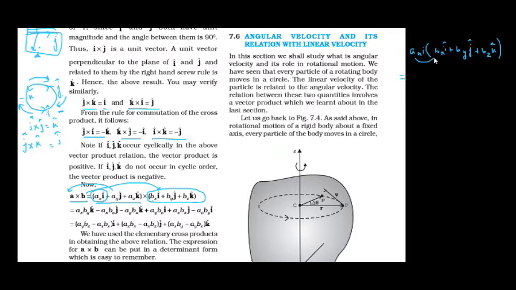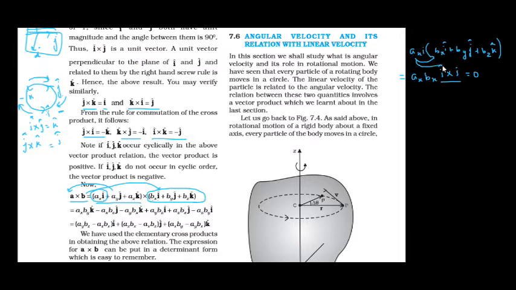If we multiply this and this, ax bx i cross i, i cross i is 0. So this whole term becomes 0, so we have not written this one.